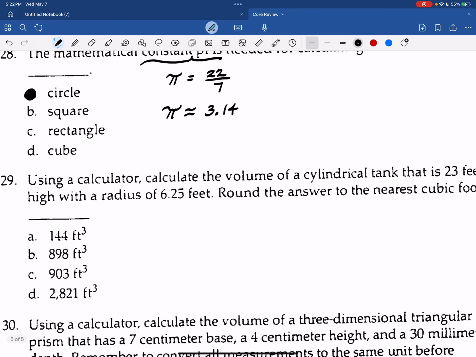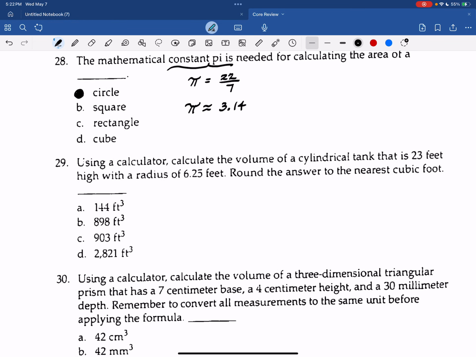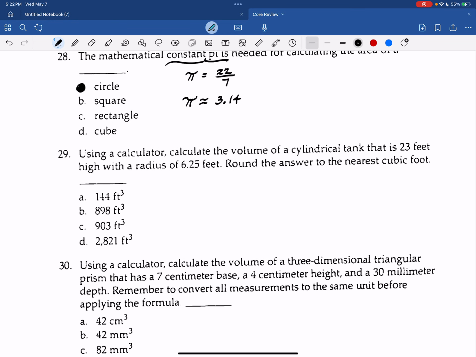Using a calculator, calculate the volume of a cylindrical tank that is 23 feet high with a radius of 6.25 feet, and round your answer to the nearest cubic foot. So I'm going to have to use the formula that I know. Yours may be a little bit different, but it will get you the same answer.